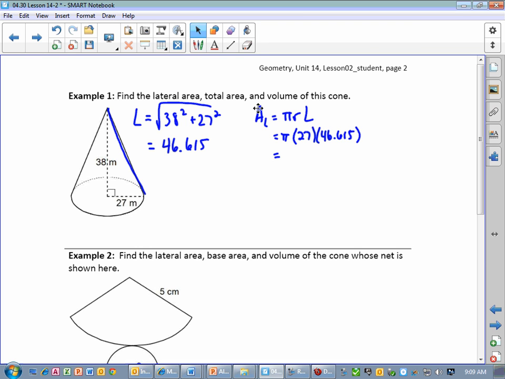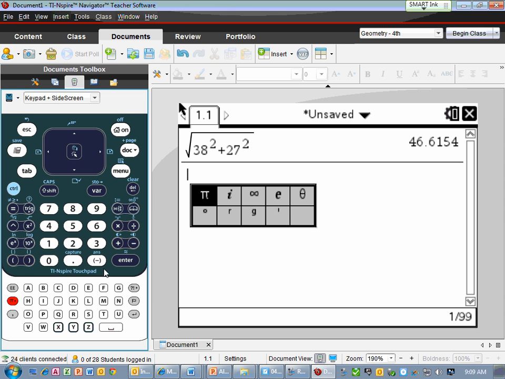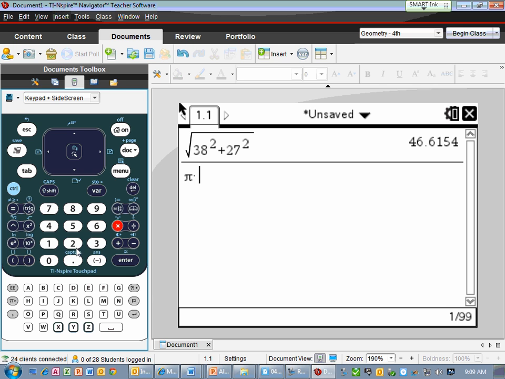Then I'm evaluating in my calculator, because I don't do that in my head or on paper. So pi times 27 times, and I want to use this number here, but instead of retyping, I'm just going to press the up arrow and press enter. It copies the whole number down. This is why some of you, when you check the key, are off from me by just a little bit and you freak out.